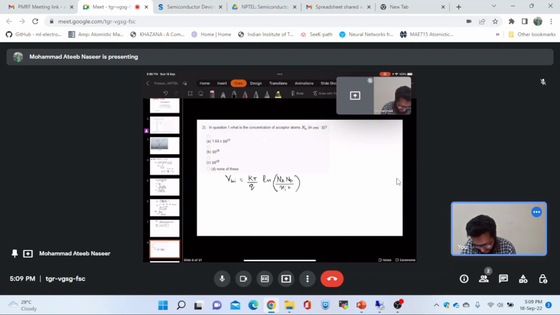Now, I will write it in terms of the exponential, taking exponential on both sides. It would mean that I will have Ni square exponential of VBI by KT into Q equals Na Nd.